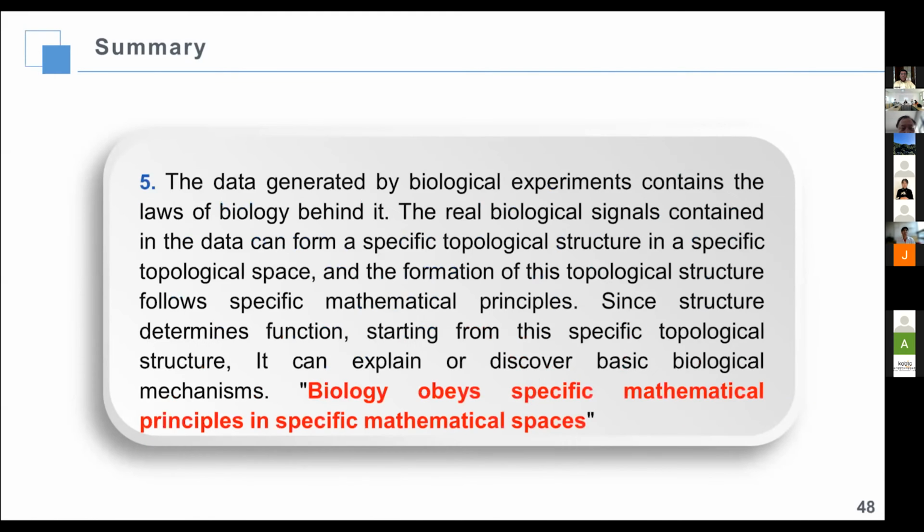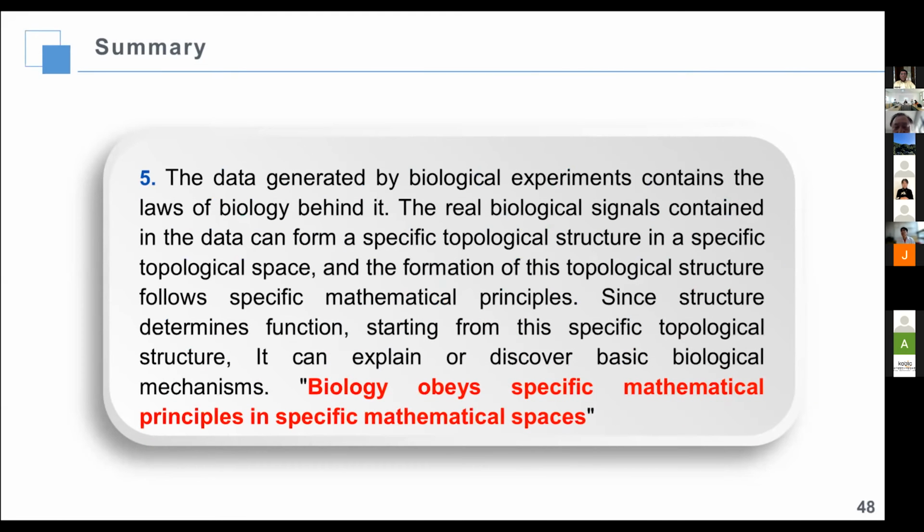The data generated by biological experiments contain the laws of biology behind them. The real biological signals contained in the data can form specific topological structures in specific topological spaces, and the formation of this topological structure follows specific mathematical principles.